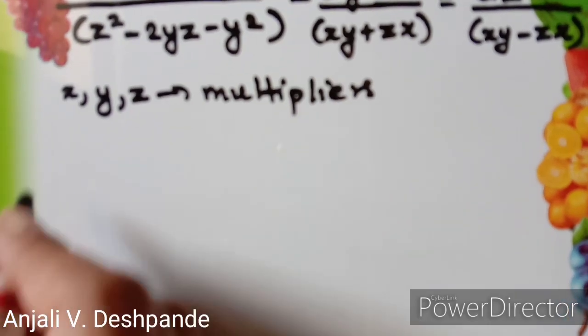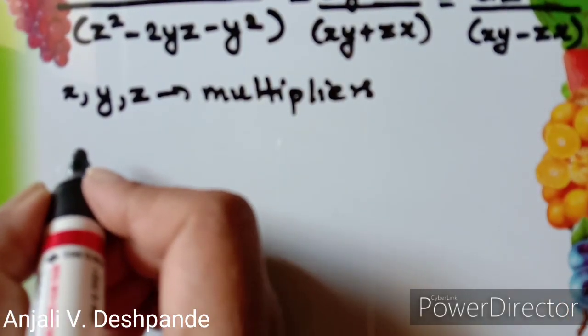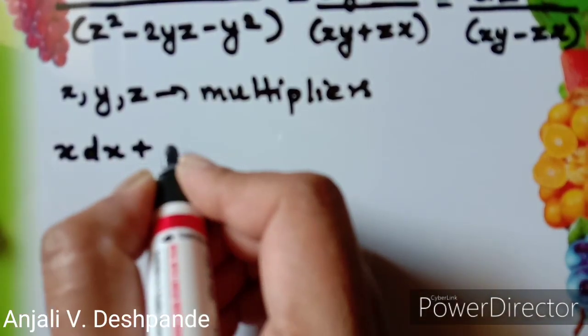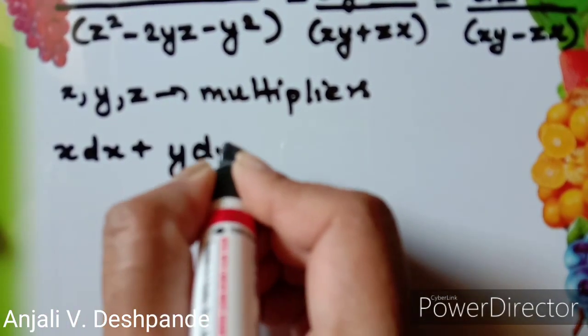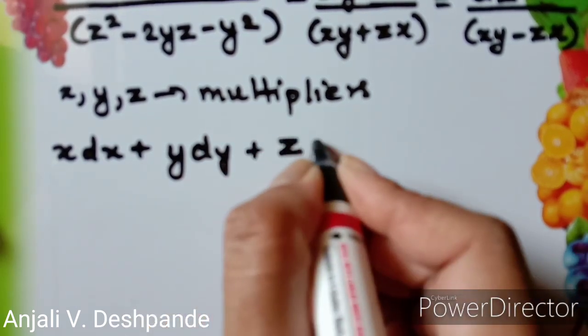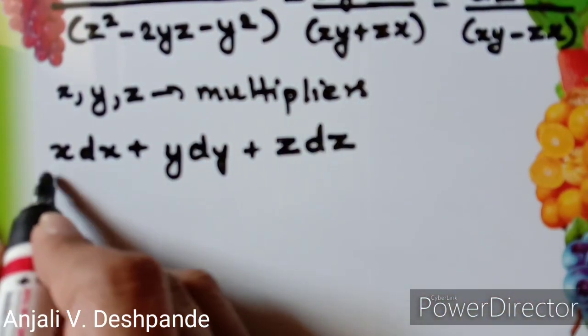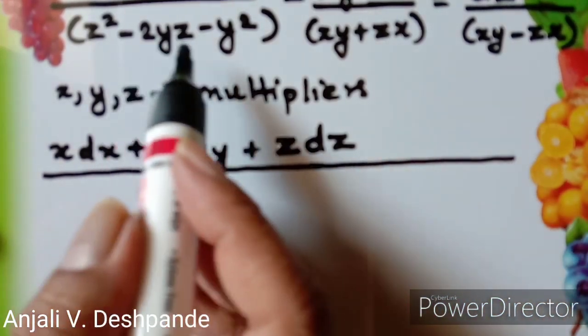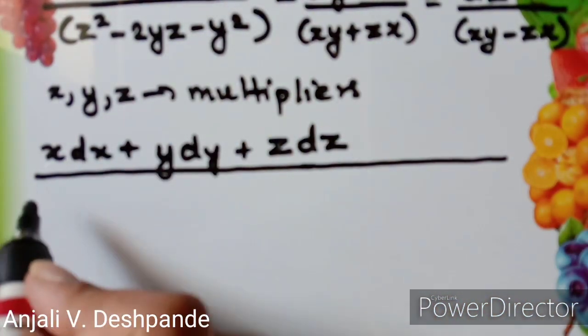So if we take x, y, z as multipliers, then we are going to get x dx plus y dy plus z dz divided by, now we will multiply each denominator also by x, y, z respectively.